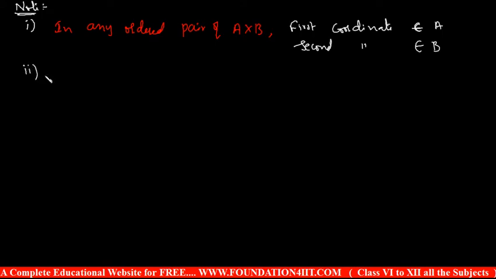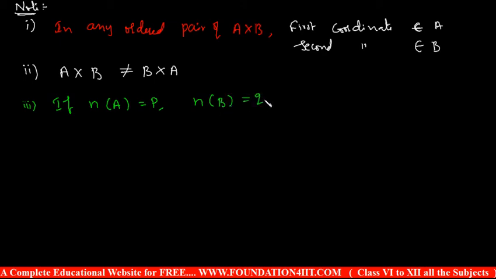Next, A cross B is not equal to B cross A, because in A cross B the first coordinate elements belong to A, but in B cross A the first coordinate elements belong to B, so they are not equal, right? And if n of A, the number of elements in set A, is equal to p and the number of elements in B is equal to q, then n of A cross B is nothing but p times q, p into q.